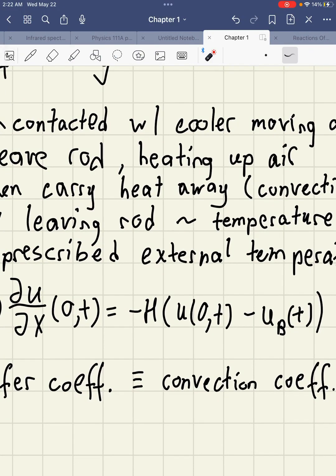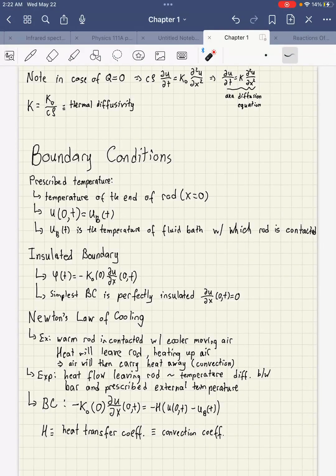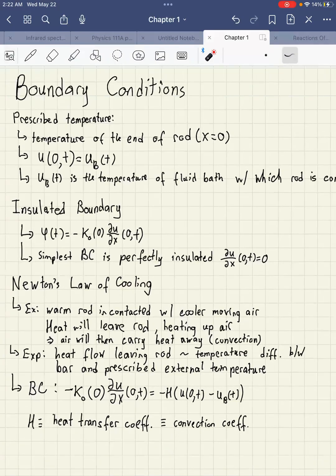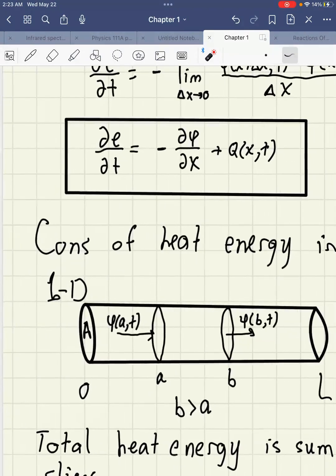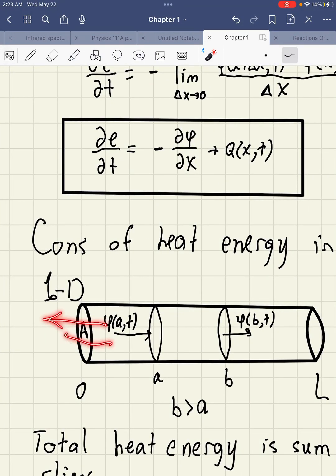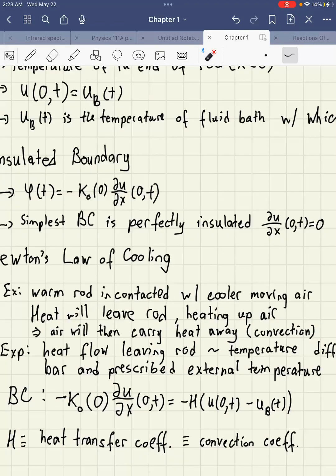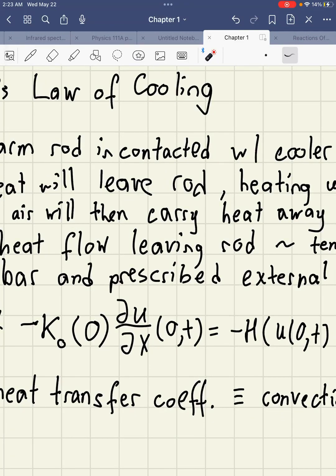Let me restart again. I apologize. Since at that boundary the heat is flowing out of the rod, our heat flux, partial u partial x, we expect to be negative. And then from Fourier's law, this entire thing is going to be positive.